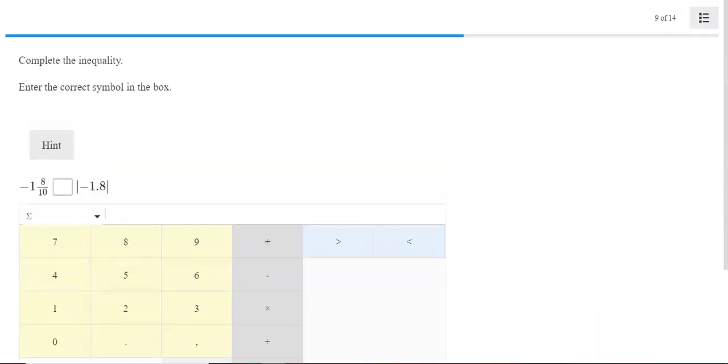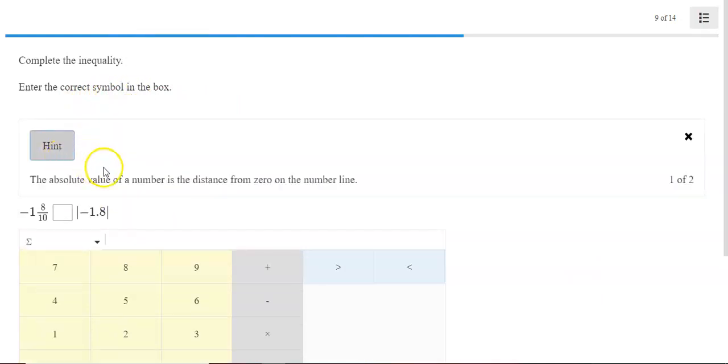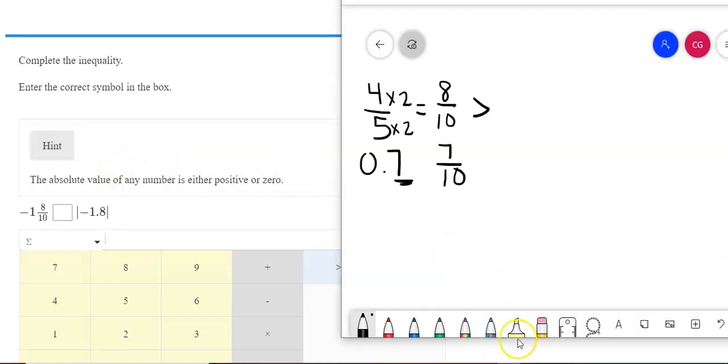Number 9. Enter the correct symbol. So hint: the absolute value of a number is the distance from 0 on the number line, and the absolute value of any number is either positive or 0. So let's take a look at this one.